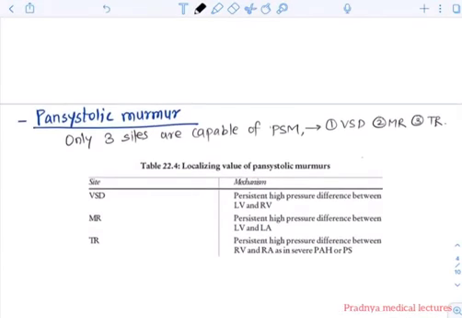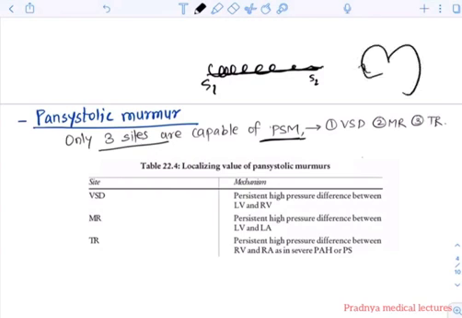Then pansystolic murmur. As we know, pansystolic murmur extends completely from S1 to S2. Only 3 sites are capable of pansystolic murmur. Now why only 3 sites are capable? When the heart contracts, when the LV contracts, it will eject the blood into the aorta.